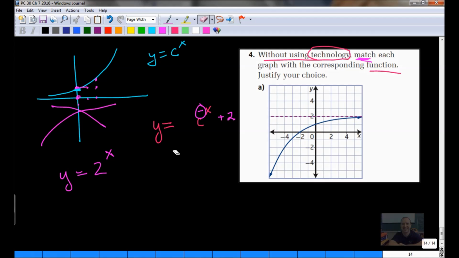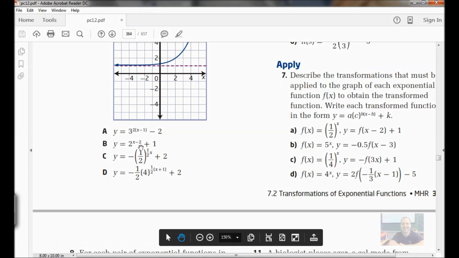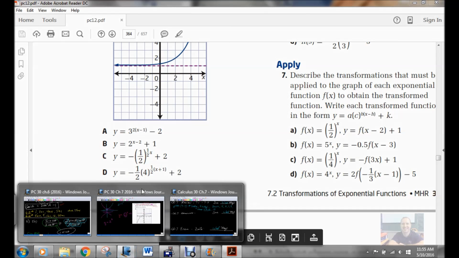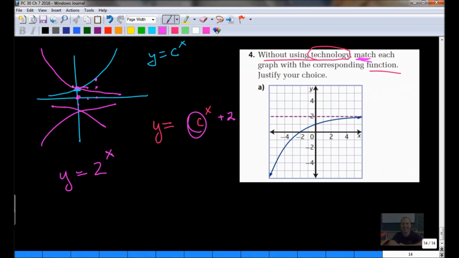But we were kind of on the wrong track there because the c value, if the c value was between 0 and 1, that would give us an exponential function like this, remember? So the c value, one of the options there that was given, was a c value being a half. All right. So that does the same thing as a flip, and then you flip it on the x-axis, and that's where you get this one.